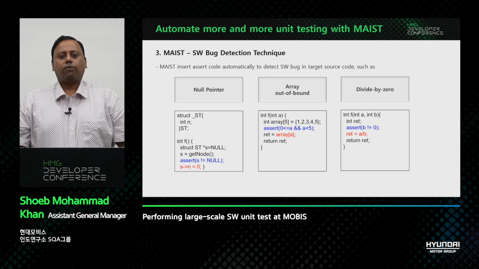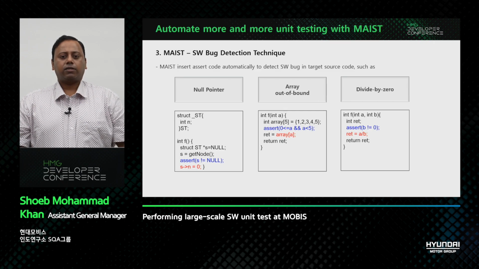Furthermore, for divide by zero scenarios, MICE inserts assert code just before the division arithmetic operation takes place. If the variable b holds a value of 0, the assert result will be failed, and the test log will record essential information regarding the test case failure.